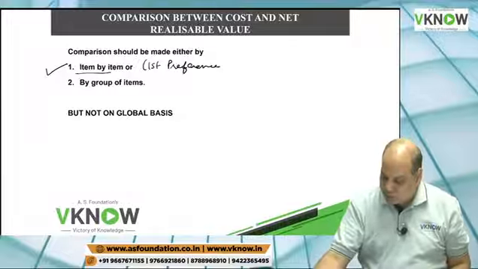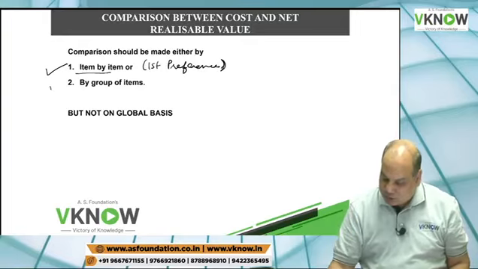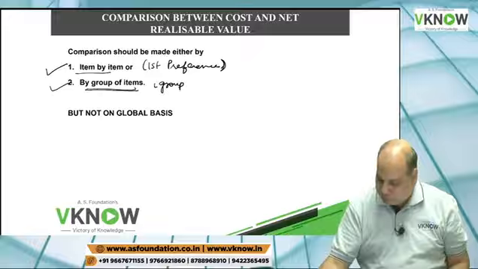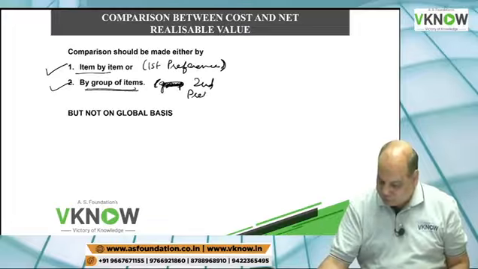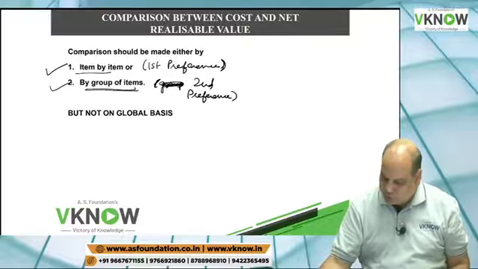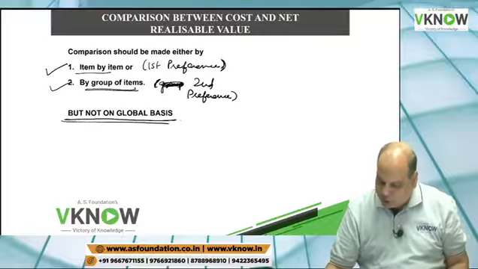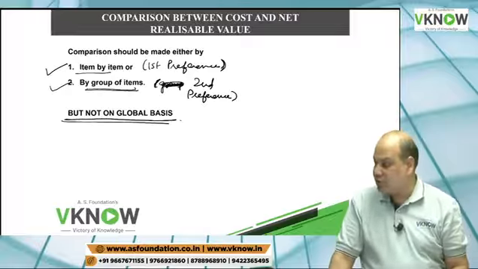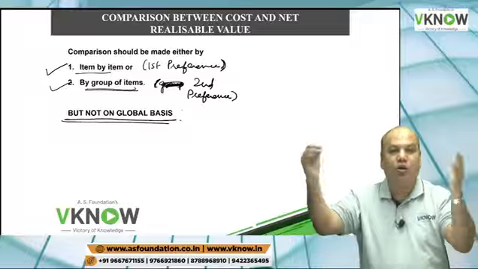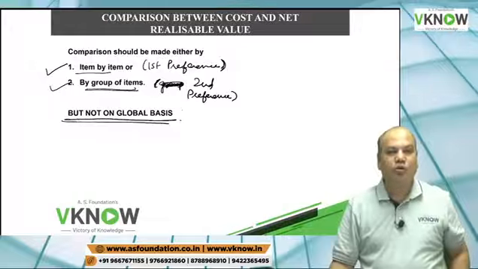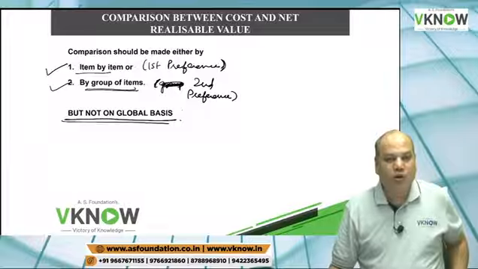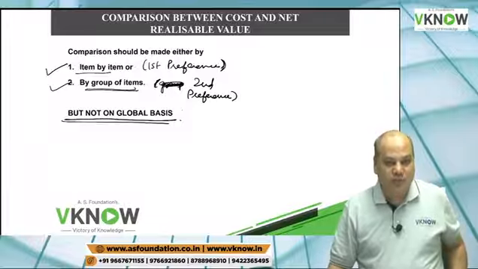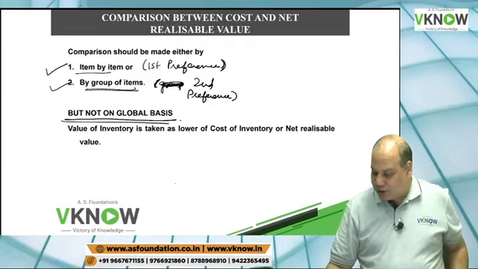Second preference is group of items, but I will not apply global basis. Global basis means overall total, overall cost. Overall cost will not be compared with overall NRV. Now, what do you mean by item by item?